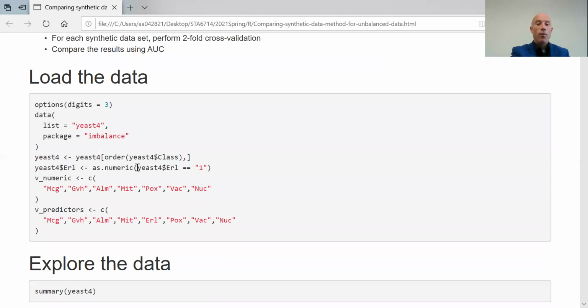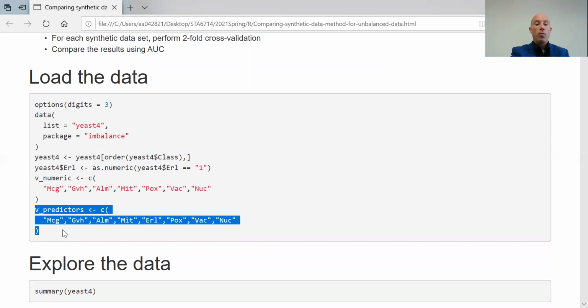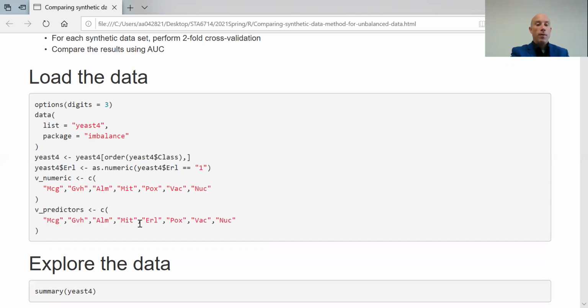Here I convert this two-level factor into a binary. And this vector is just the numerics vector, and this is all of the predictor variables. You'll notice that the factor that was converted to binary is included in here, but not inside numeric.